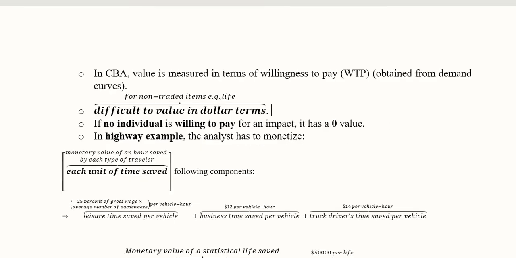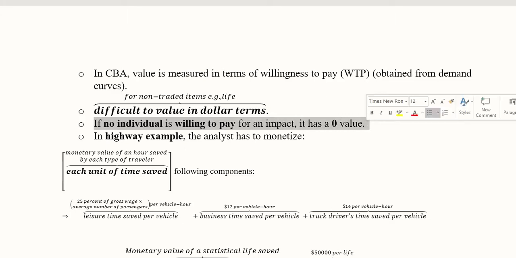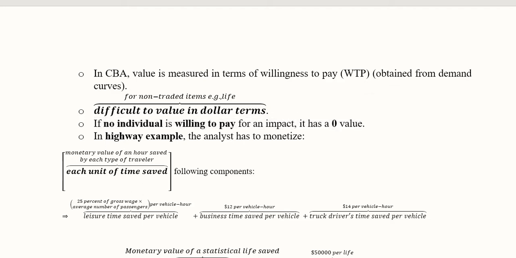But most of the time, people hide their willingness to pay because they are afraid that they will be charged if they reveal it. And if there is no individual who is willing to pay, then the value of that resource or intervention will be zero, which is quite strange and discouraging for the state to intervene.